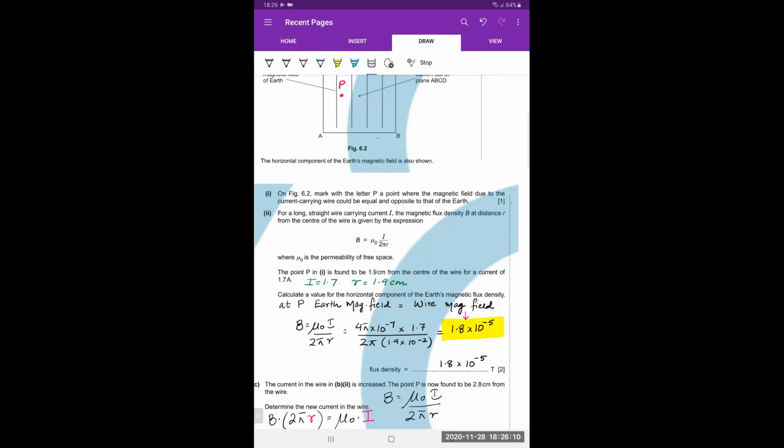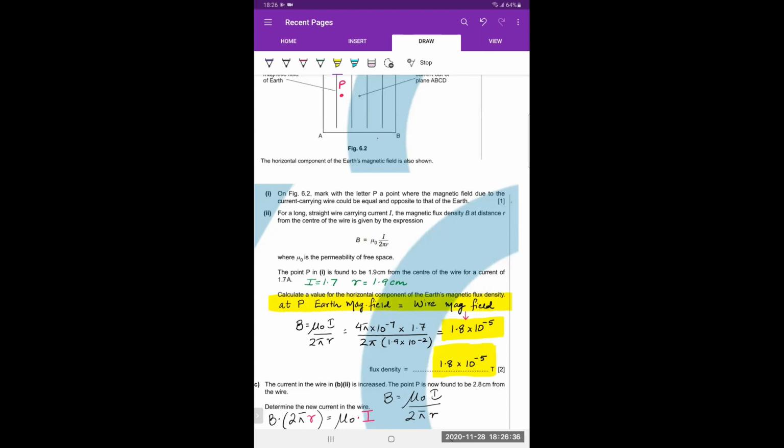Now, since we know that at the point P, the Earth's magnetic field is equal to the magnetic field of the wire, I can use the same answer for the Earth's magnetic field as well. Okay, so let me repeat myself. This formula essentially gives me the field strength associated with the wire.